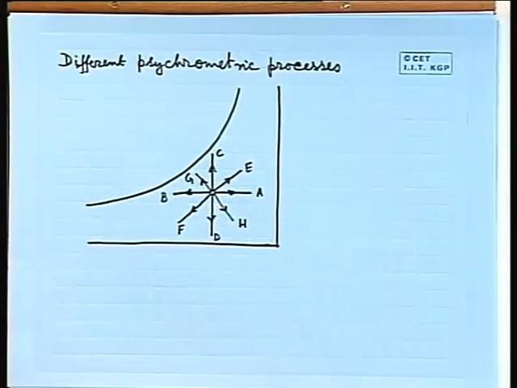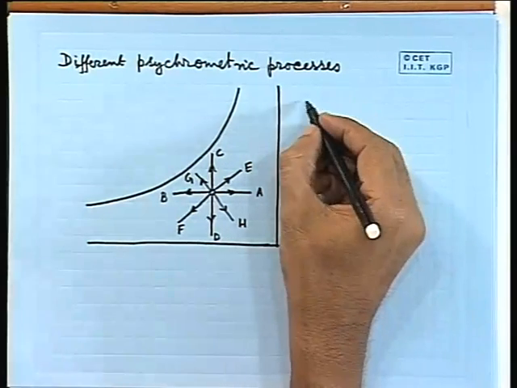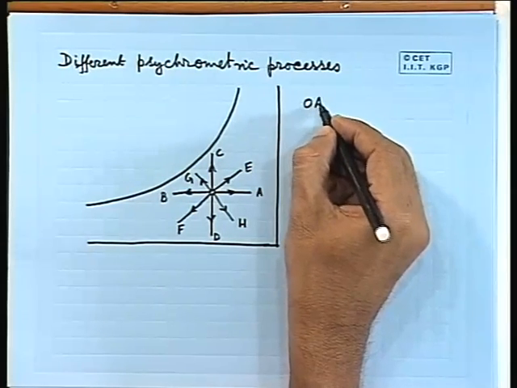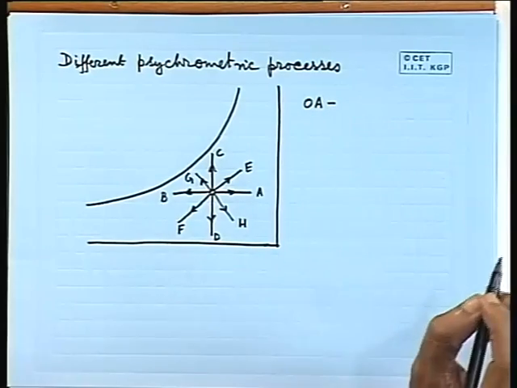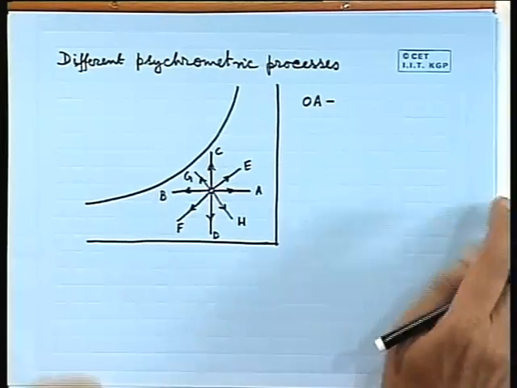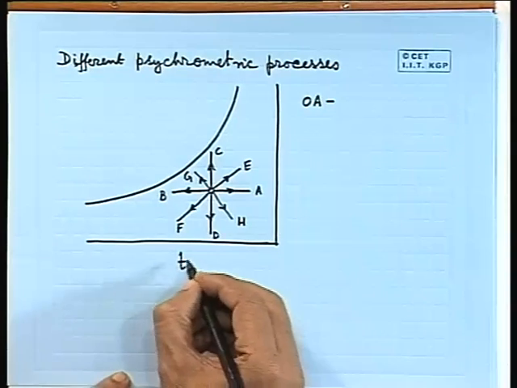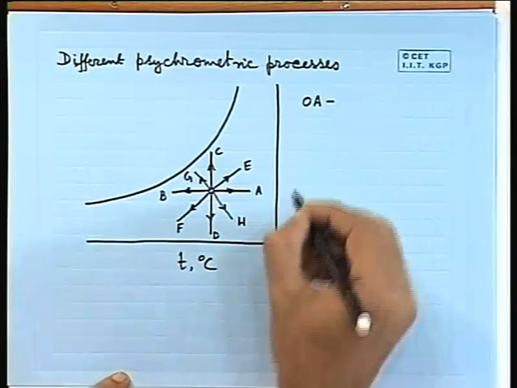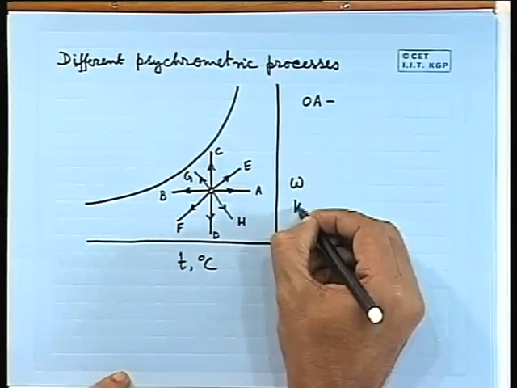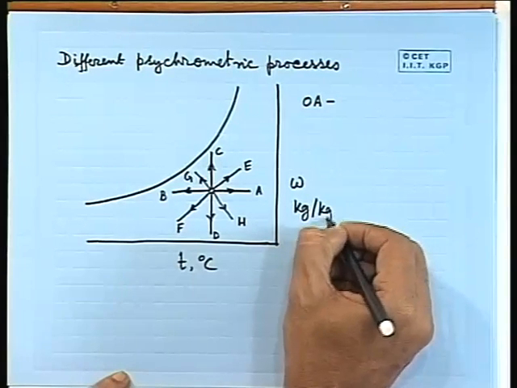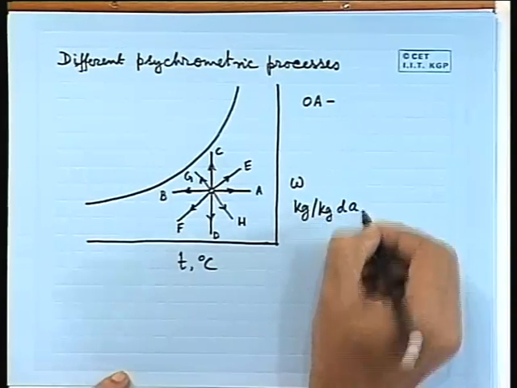So, what are the different processes I have drawn? Let us say process OA. OA is what? Let me put this degree C, this is kg per kg of dry air.